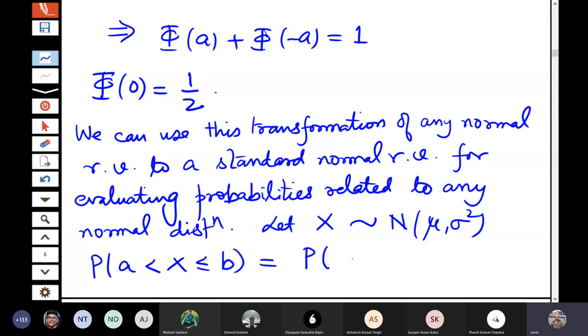That is probability a. Of course, this less than or equal to, it doesn't matter because it is a continuous distribution. So we write it as probability x less than or equal to b minus probability x less than or equal to a.